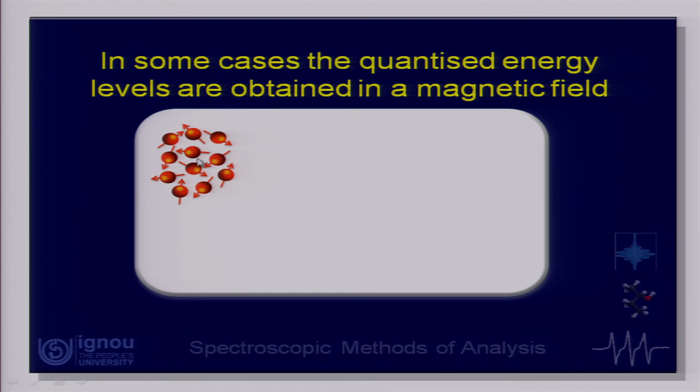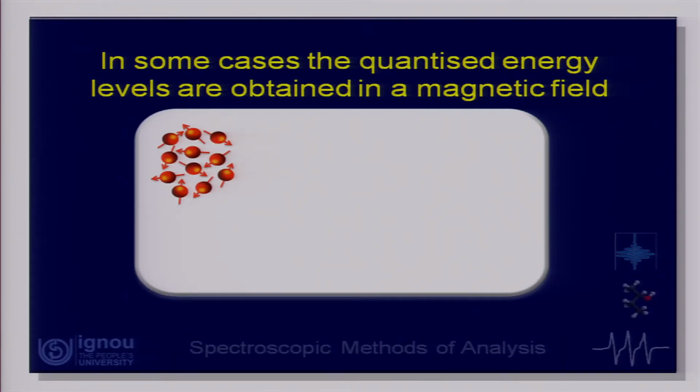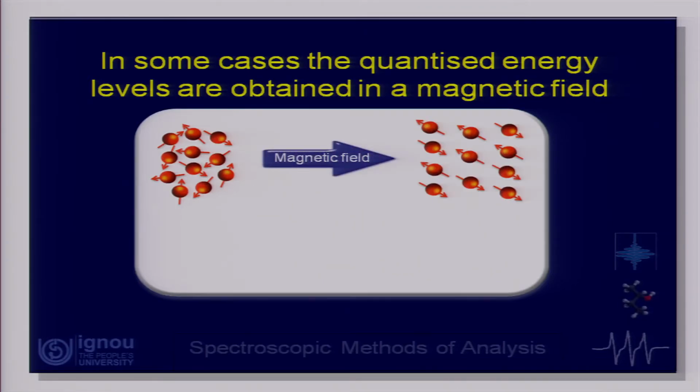Initially they are randomized, that means the nuclear spins are oriented in all possible directions, and electronic spins are also randomly oriented. But if I apply a magnetic field, the nuclear or electronic spins can either align with the field or against the field. This alignment leads to quantization.